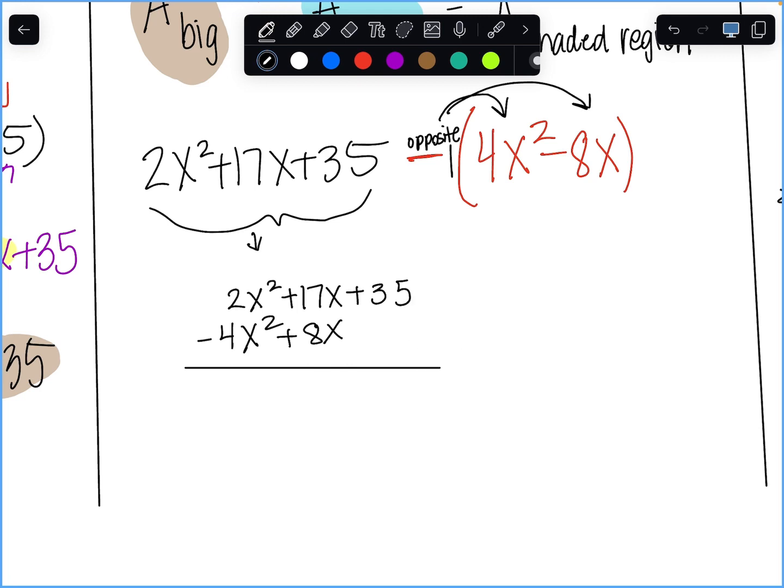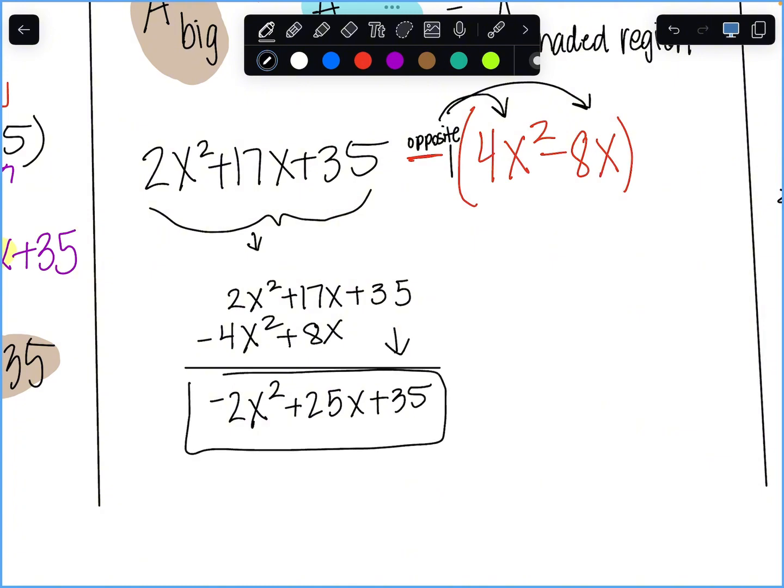And I said yes, 100%. Okay? So therefore, we go ahead and combine 2x squared minus 4x squared is equal to -2x squared, and then you can do these two. And this is your area of the shaded region.